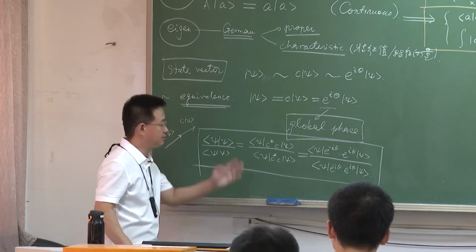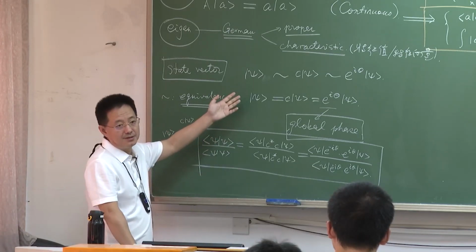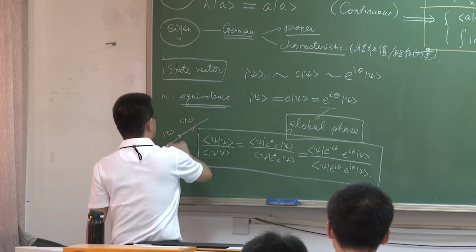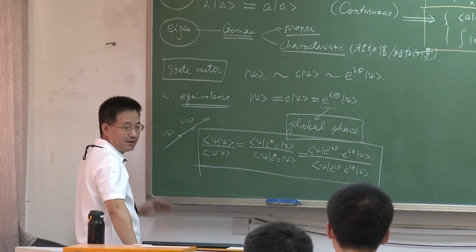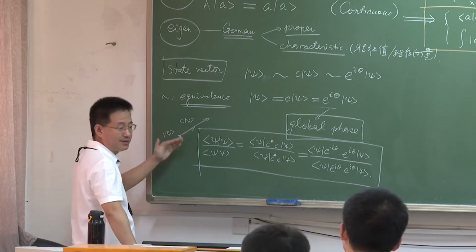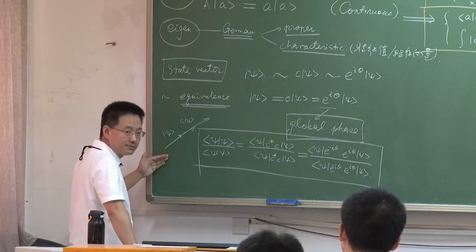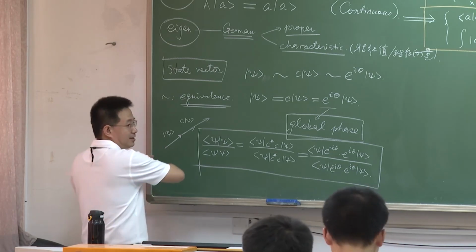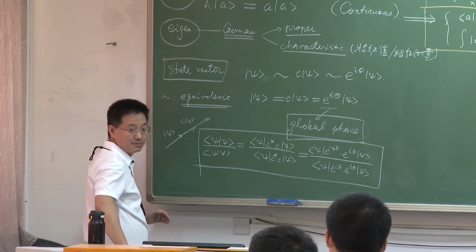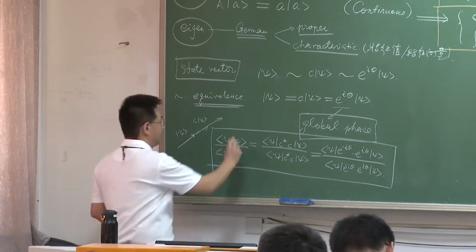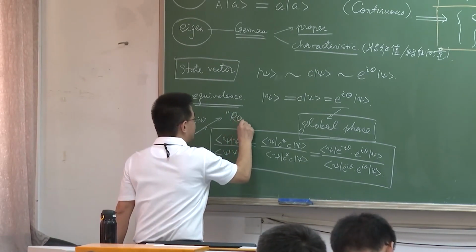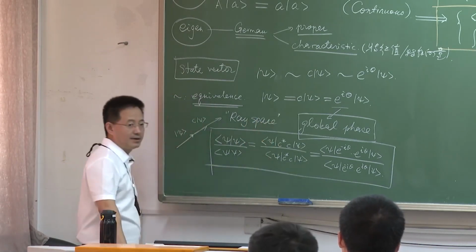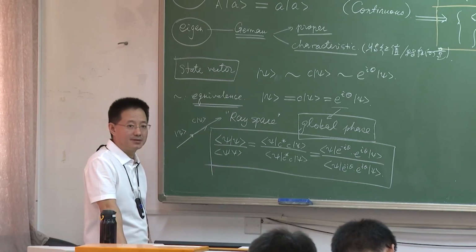So that means all three representations are the same for the same vector. Along this ray, along this direction, it is a vector space, of course, a state vector space. It can be any length with the same direction. And this is called the ray space, and the vector can be called the ray vector.